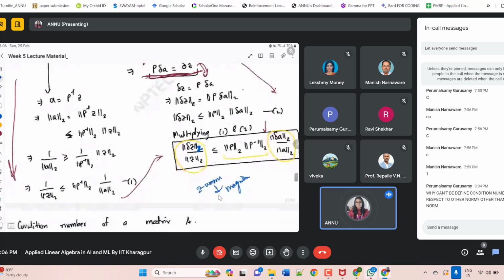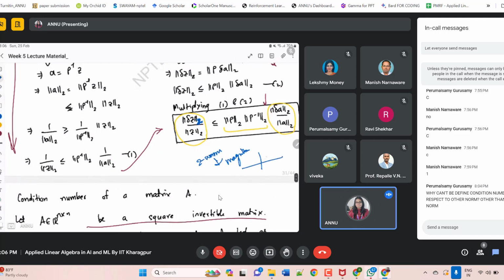Even if you visualize it, if you have this particular point x1, y1, this is actually the two norm, showing the magnitude from 0 to the particular point. This distance is given by the two norm, so that's why we are defining with respect to the two norm. I hope this is clear up to this point.